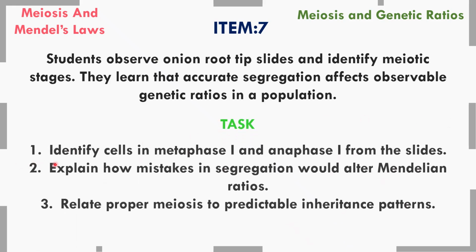Task: identify cells in metaphase 1 and anaphase 1 from the slides. Explain how mistakes in segregation would alter Mendelian ratios. Relate proper meiosis to predictable inheritance patterns.